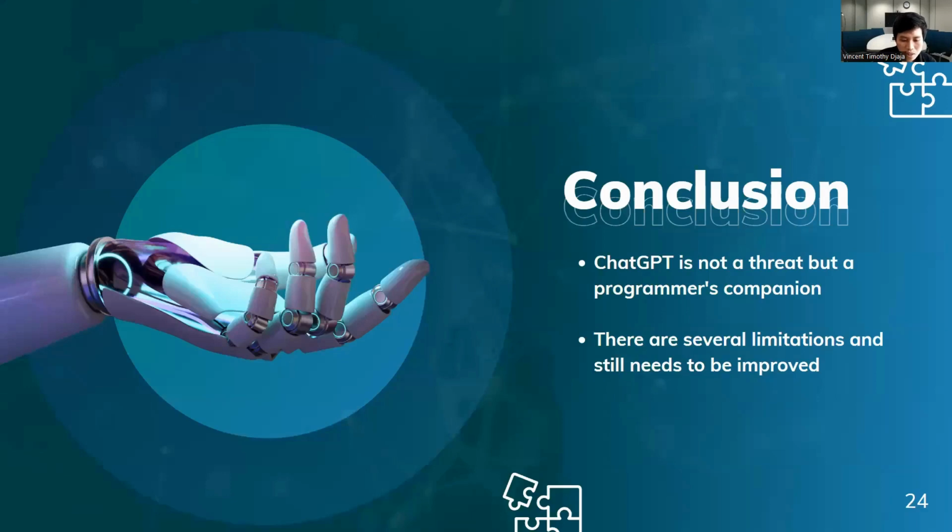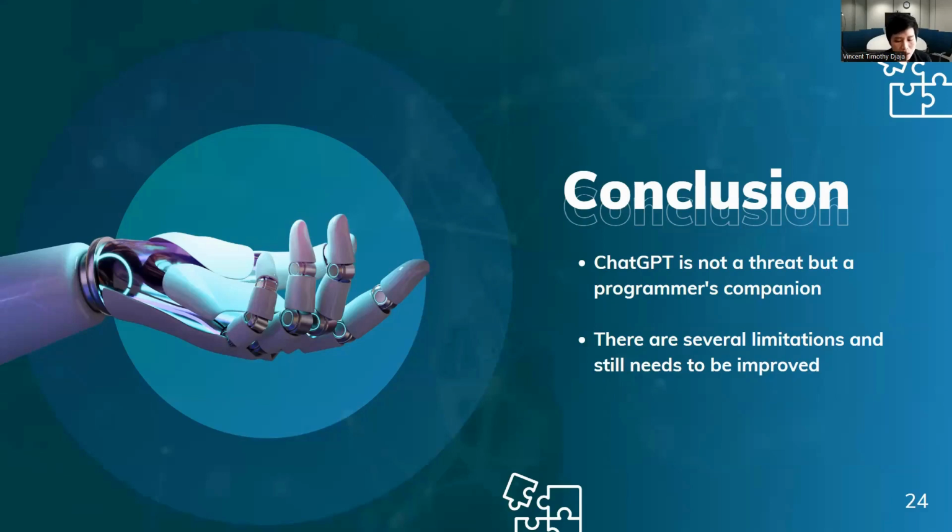Okay, for the conclusion: ChatGPT is not a threat, but a programmer's companion. From our experiments, we could see that the AI model from OpenAI is able to execute or answer many kinds of commands. We can even ask questions related to topics other than programming, and have a short conversation with the AI.